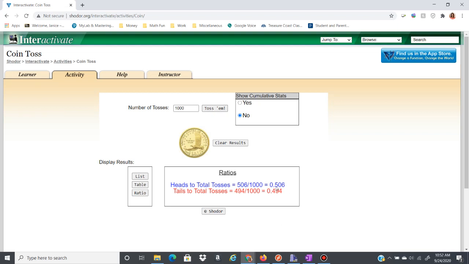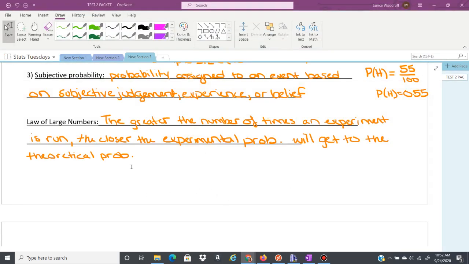The more experiments you run, the closer that probability from your experiment is going to get to the theoretical probability. So when you're running an experiment and you are doing a probability based off of that, you want to have the largest sample size that you could possibly get. Okay, that way it can be more accurate.